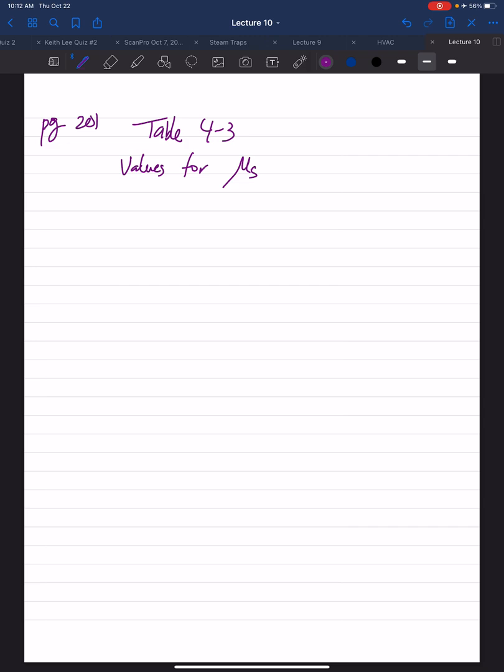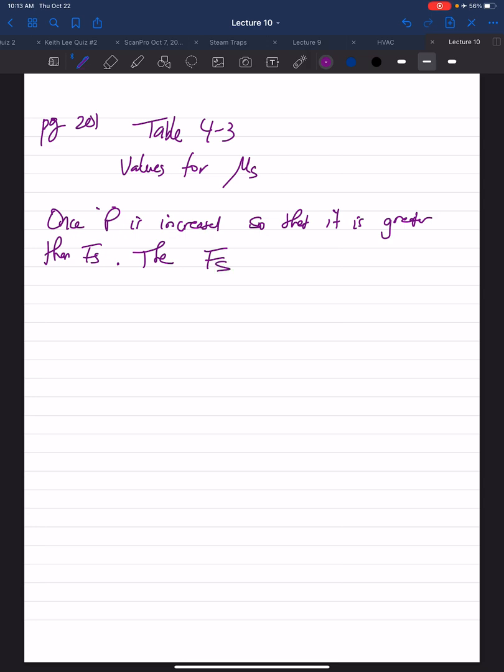So once that pulling force P is increased so that it is greater than the frictional force, F sub s, the frictional force reduces to a lower value, we'll say F sub k, which is called the kinetic frictional force.